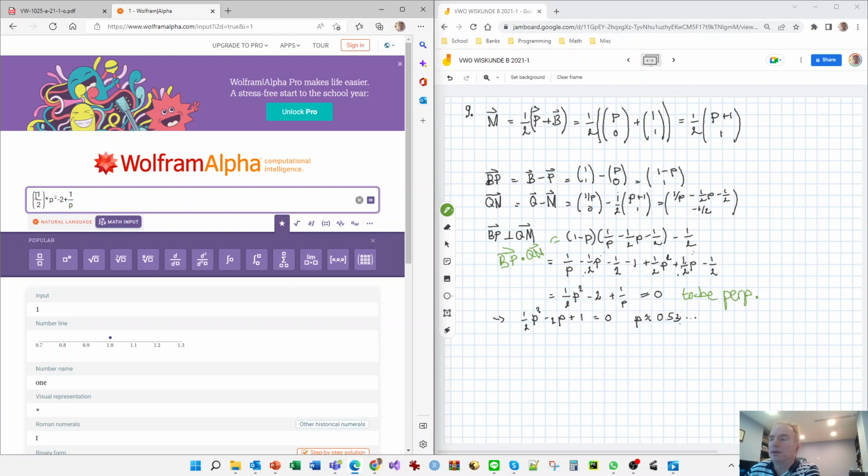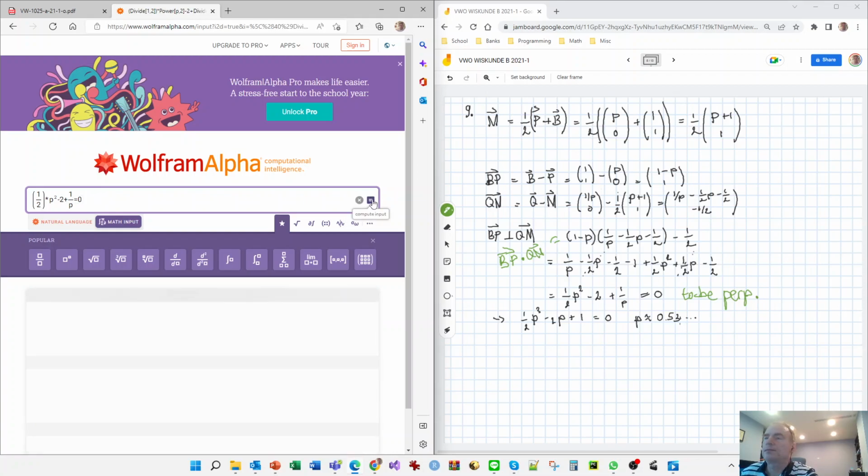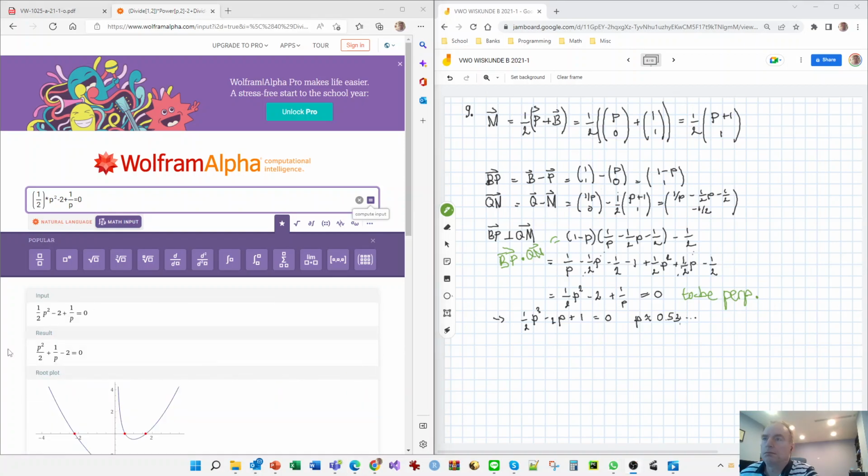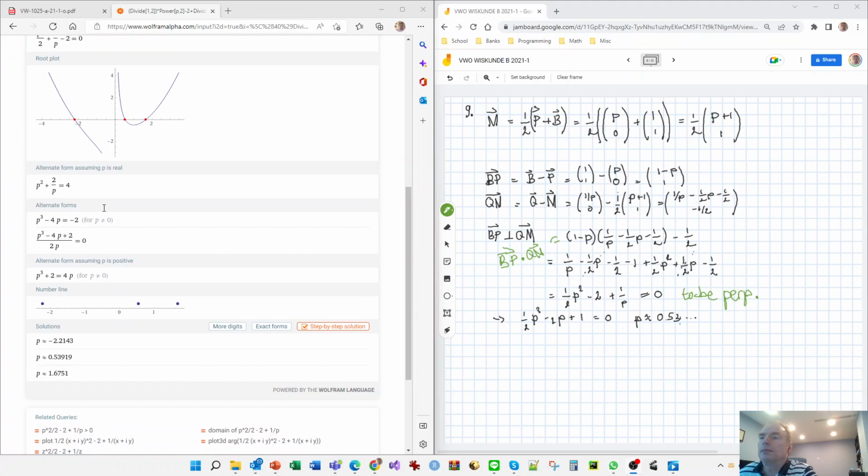Oops. You can define a function of x and intersect it with the line y equals 0. And we also know P has to be between 0 and 1, so you find that this is the solution.